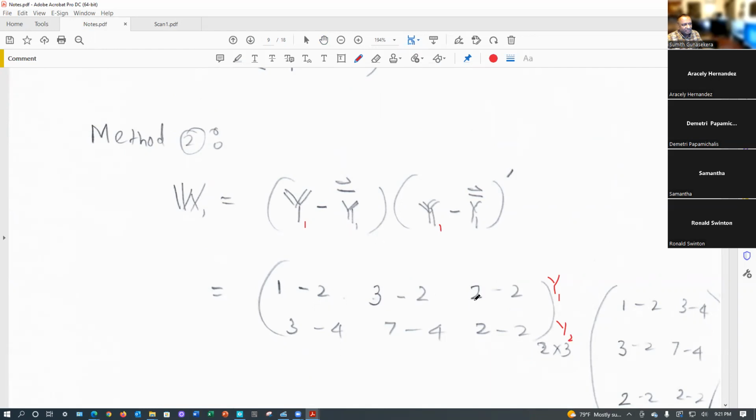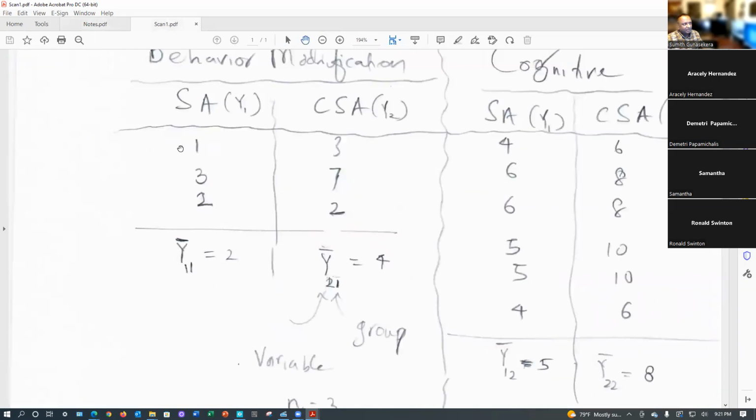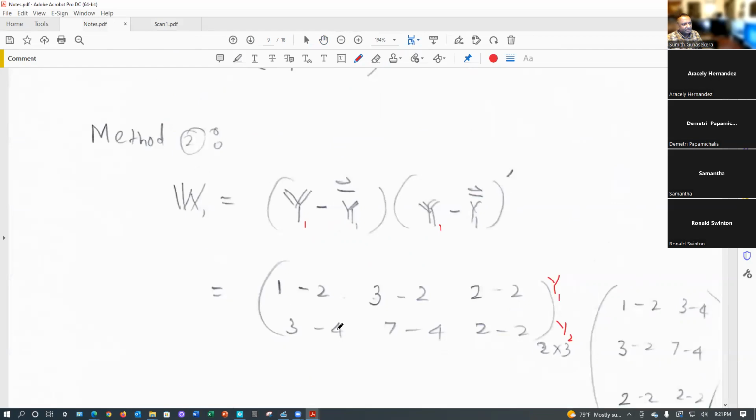1 minus 2, 3 minus 2, 2 minus 2. For the other variable, 3 minus 4, 7 minus 4, 2 minus 4.